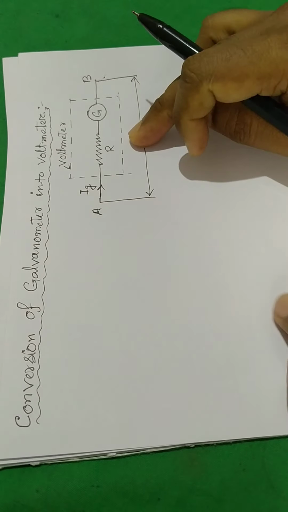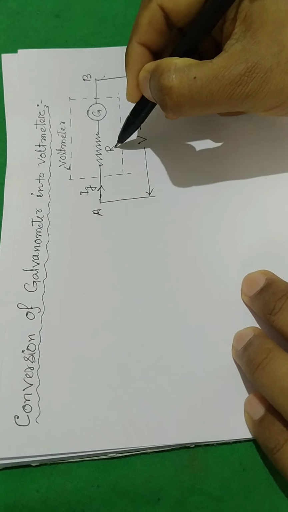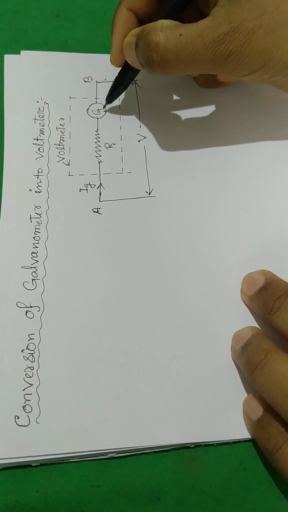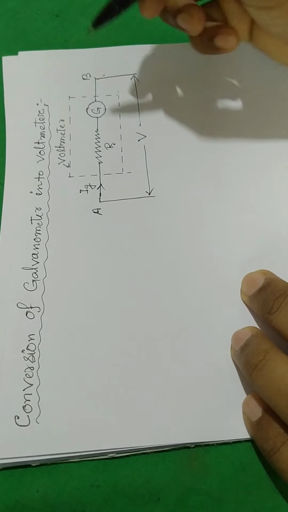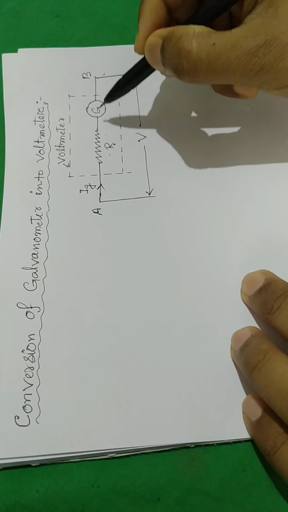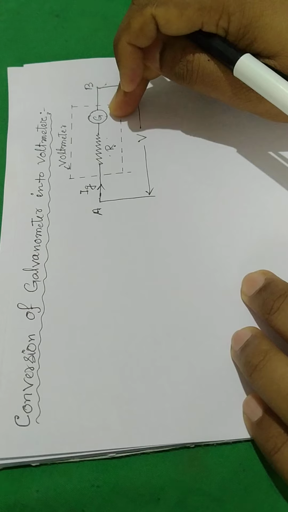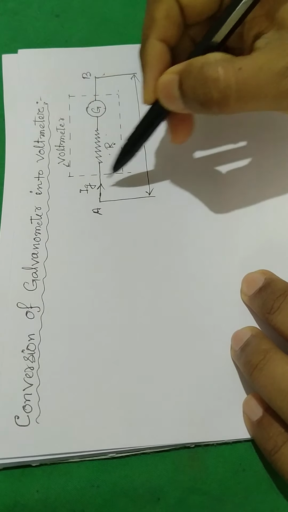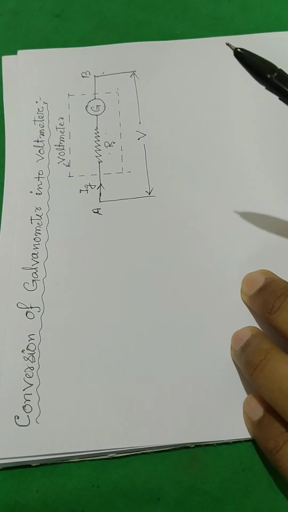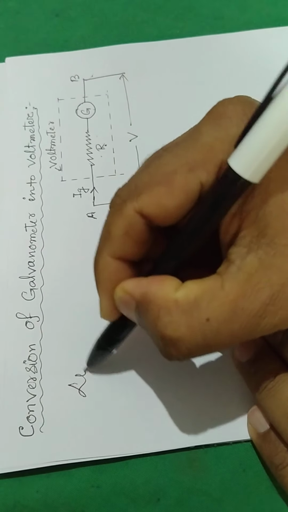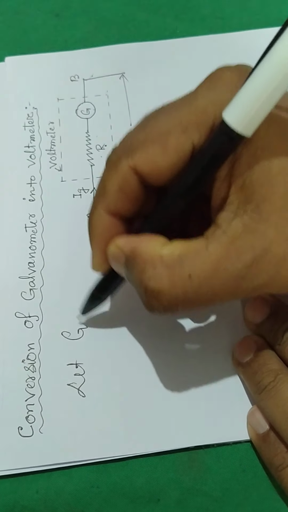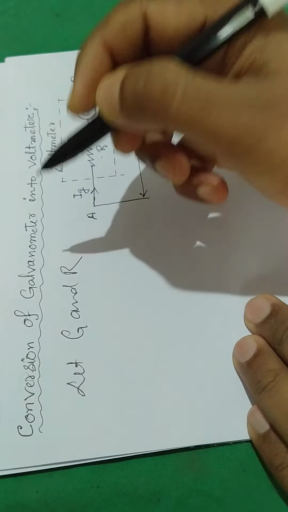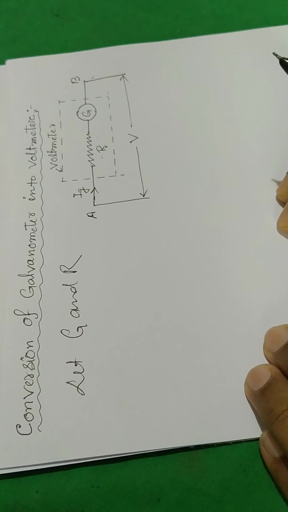Now you see the diagram. R is the high resistance and G is the resistance of the galvanometer. This high resistance is connected in series to the galvanometer, then this galvanometer is converted into a voltmeter. Let G and R be the resistance of a galvanometer and a resistance in series respectively.